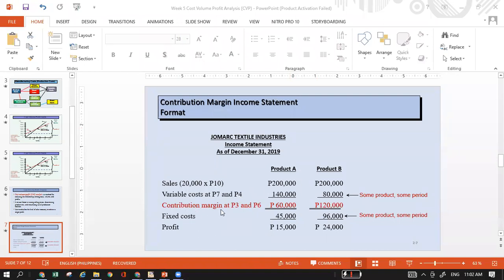So we get a contribution margin of 60. Our contribution margin less your fixed cost will give you your net profit. The same with product B. The 80,000 is composed of product cost and period cost in your variable cost, while in your fixed cost, the composition of 26,000 is your product cost and period cost.